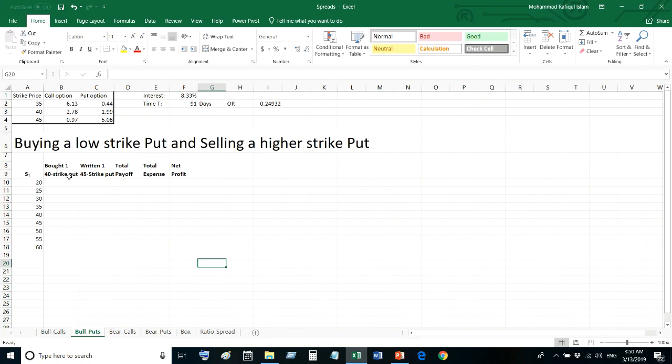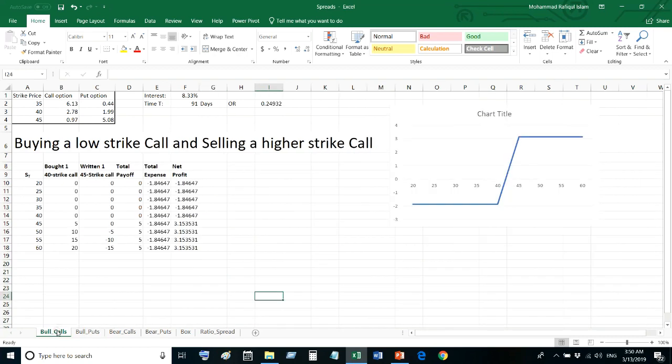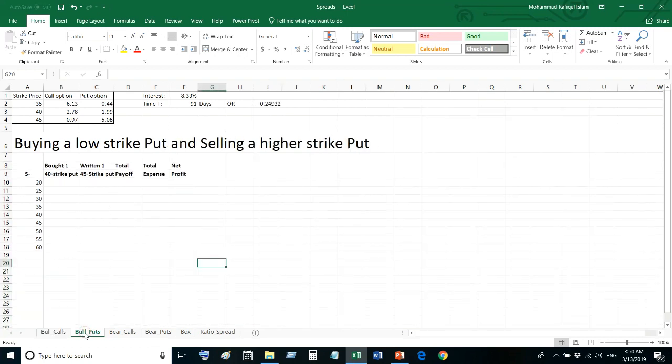So if we want to make a bull spread using puts, then we will buy a low strike put and sell a higher strike put. Just the same thing as we did here using calls, we will do the same thing using puts. So we bought the 40 strike put. So our payoff should be maximum of, in this case it's the opposite, so strike price minus spot price.